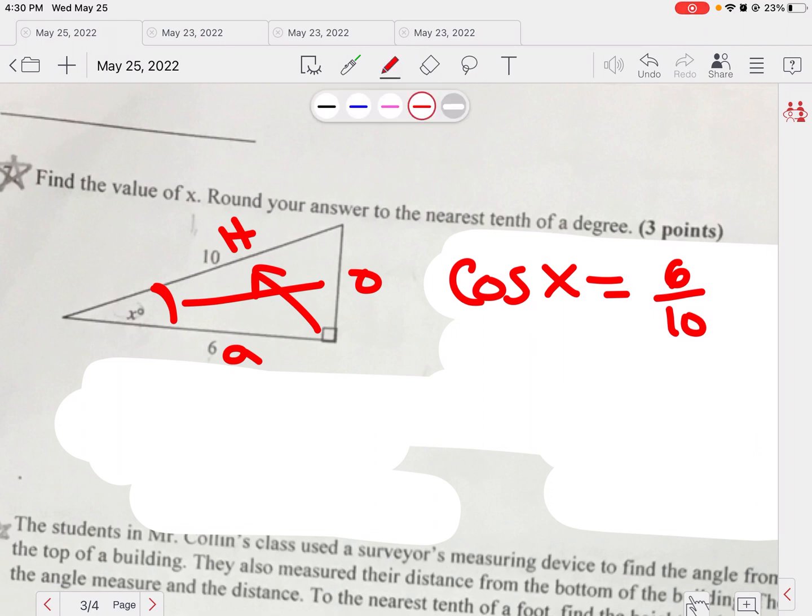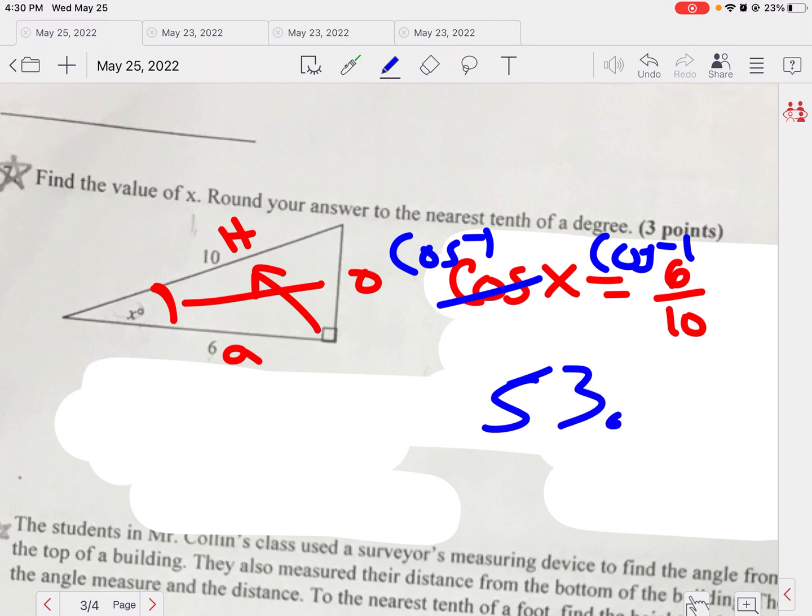To get rid of a cosine, I do cosine inverse. Okay, so I'm going to cosine inverse this side. And if I do that, cosine inverse of 6 divided by 10, I can type that right in the calculator. And that's going to be, it says nearest tenth of a degree, 53.1 degrees.